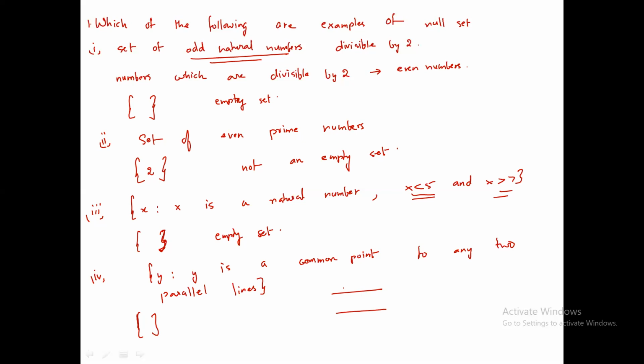Two parallel lines never intersect. They don't have a common point. Parallel lines never intersect. So these parallel lines do not have a common point at all. No common point. I won't write anything. So it is an empty set.